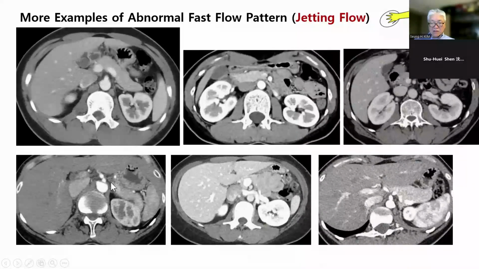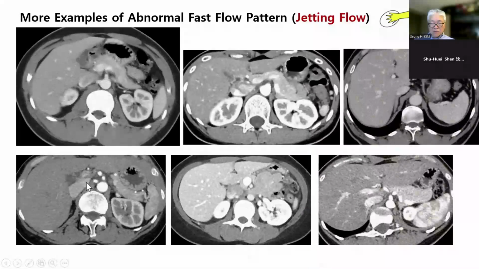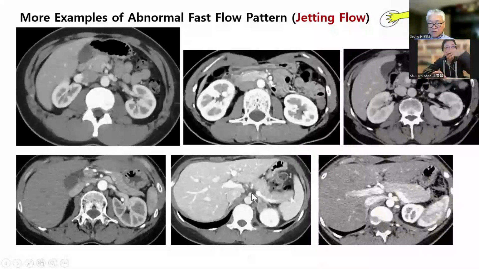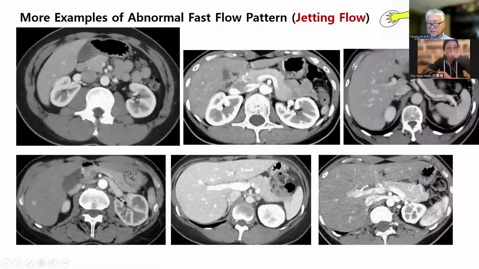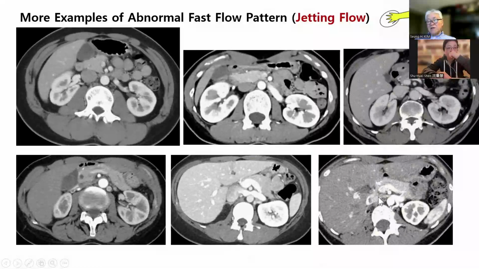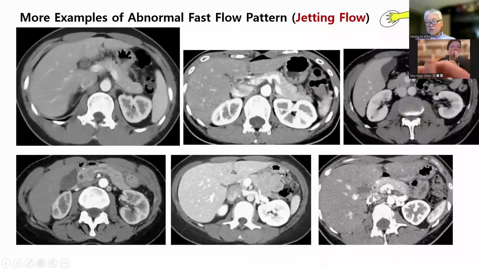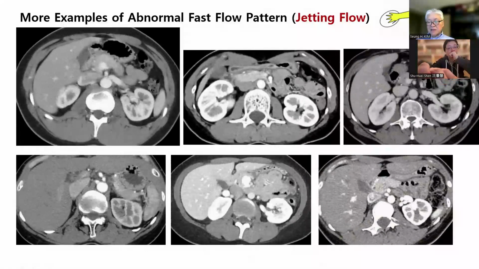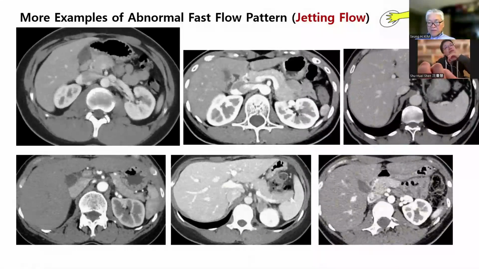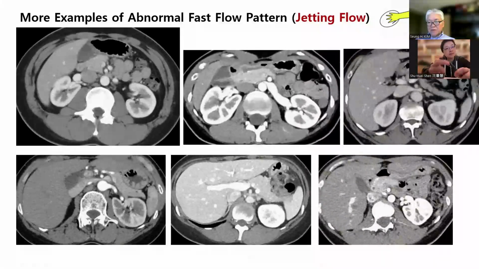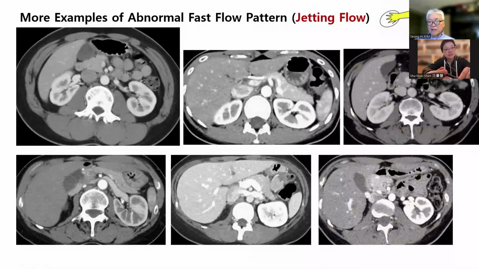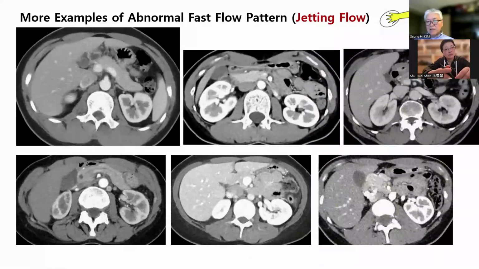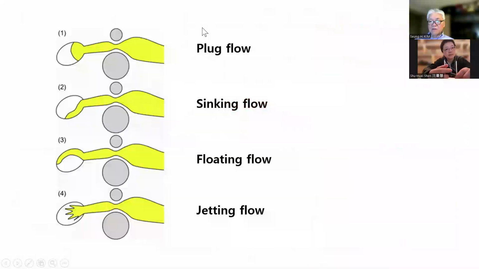In the fourth, fifth and sixth cases, you can see the jetting phenomenon. So if we can categorize these four patterns by contrast intensity, we can divide them into presence or absence of nutcracker phenomenon, and then, with the patient's symptom history, you can suspect nutcracker phenomenon.